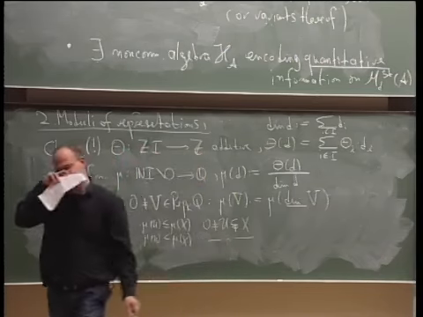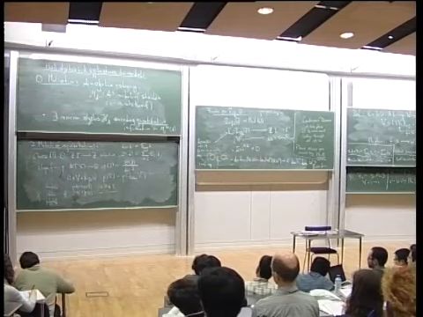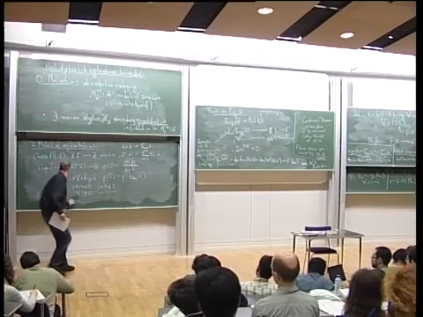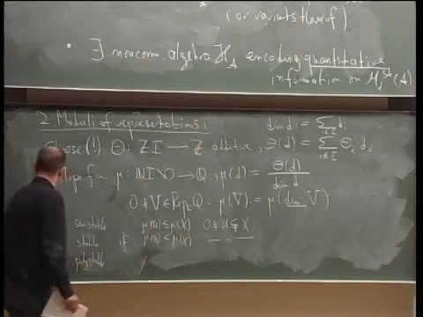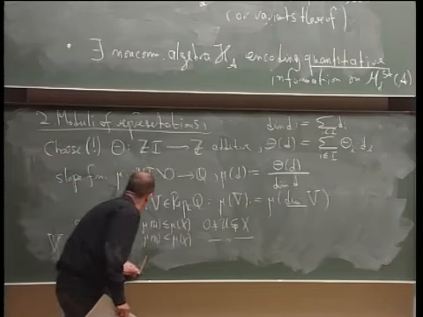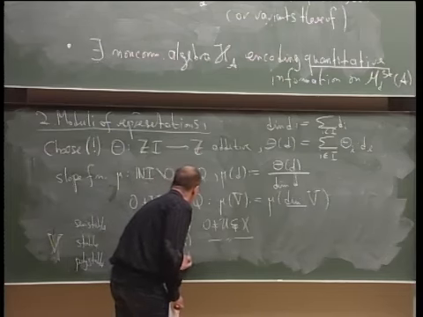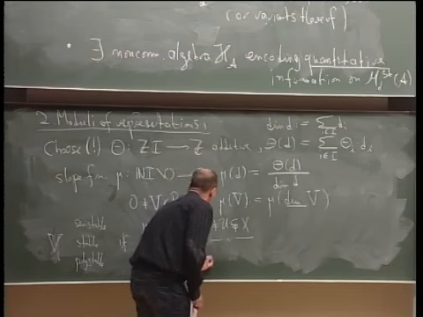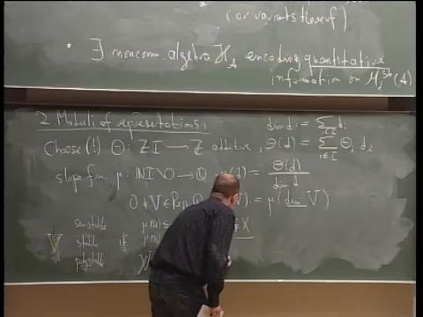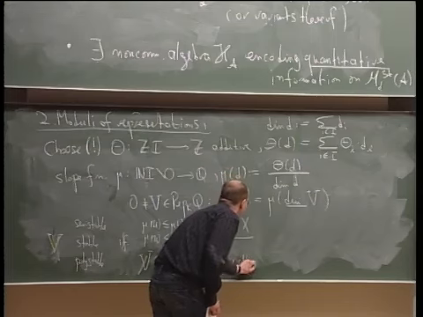And polystable means V is isomorphic to a direct sum of stables of the same slope.